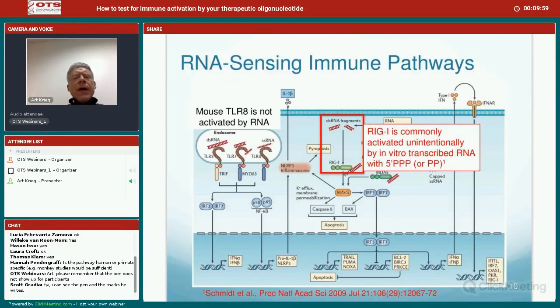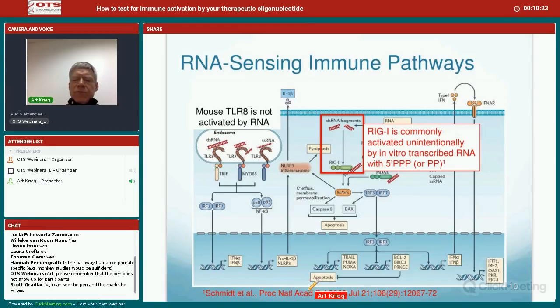And these compounds are often produced by in vitro transcription of RNA. When people are making mRNA or other in vitro RNA transcripts, you can often get byproducts of the reaction or anomalously folded RNA transcripts that can activate RIG-I.